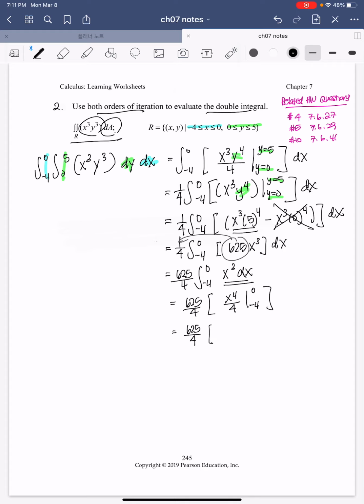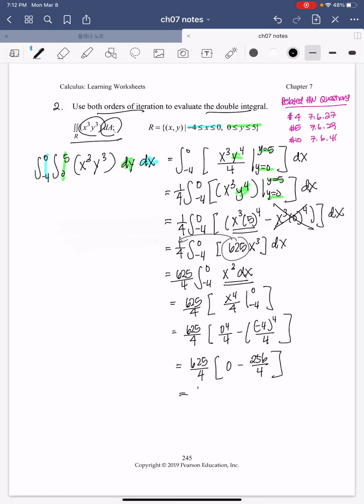I have 0 to the 4th over 4 minus -4 to the 4th over 4. 625/4, this part is a 0 minus 4 raised to the 4th power. That's 256/4.